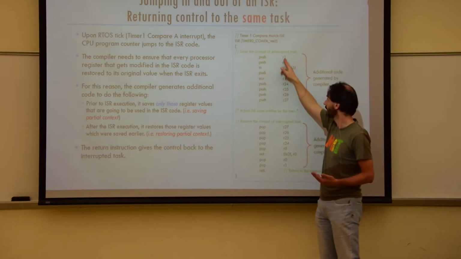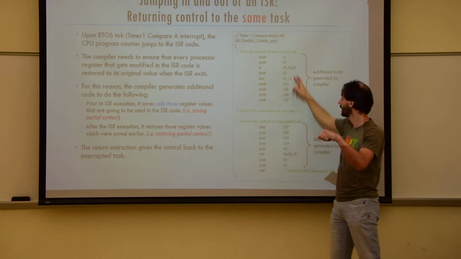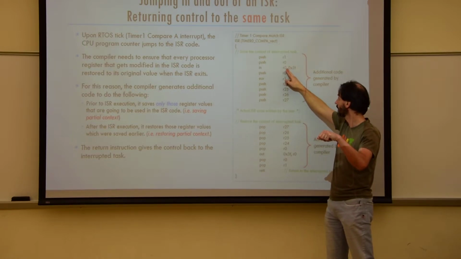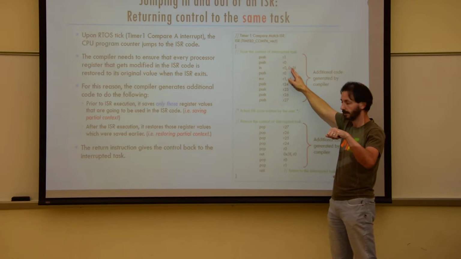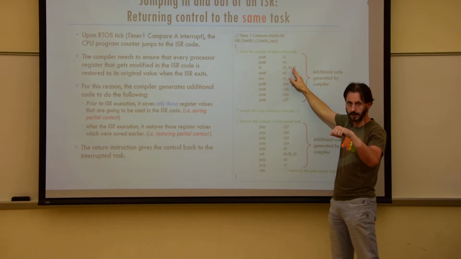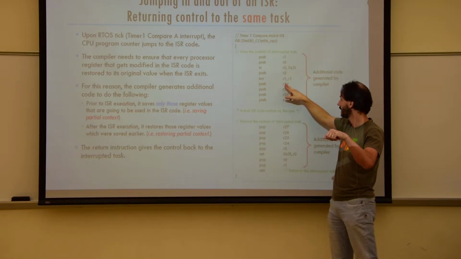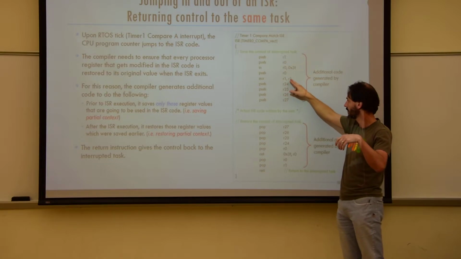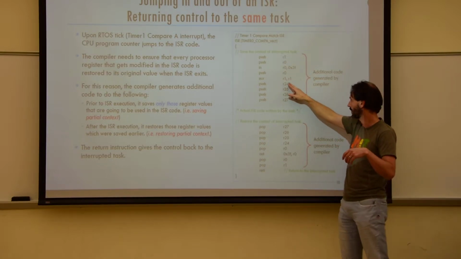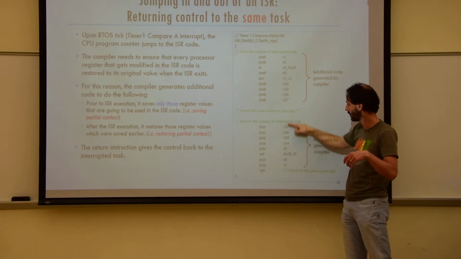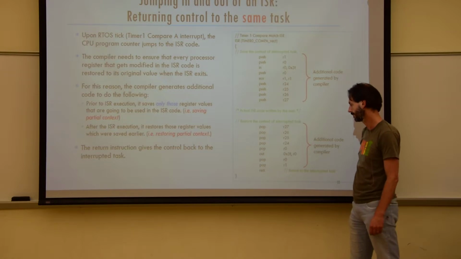You've been pushing the value of R1 on the stack, next R0, next you put the status register in R0, then you push that value onto the stack, then you do something here with R1, and then you pop these registers out, and in reverse order you take all of this out and so forth.